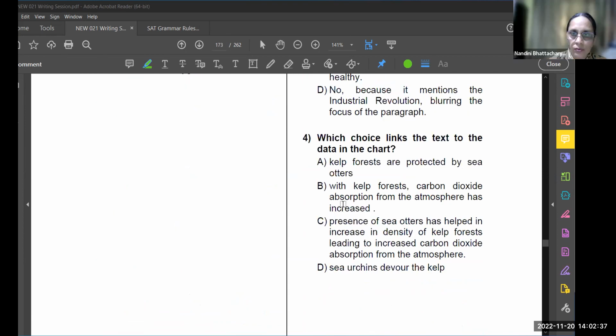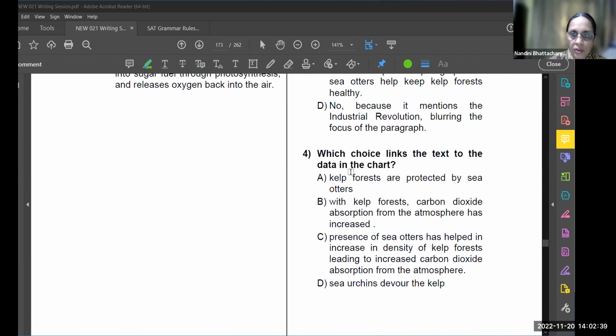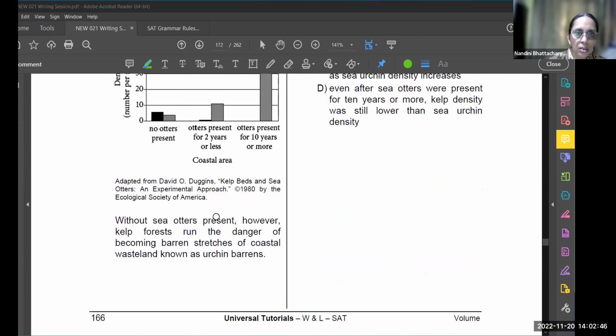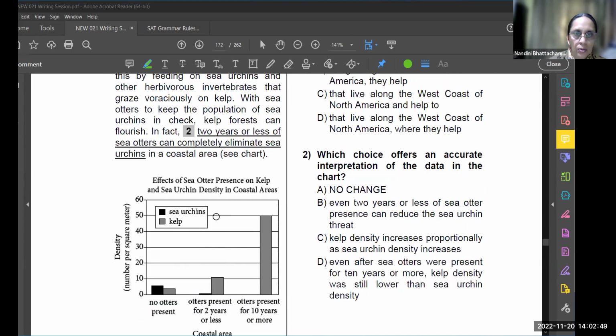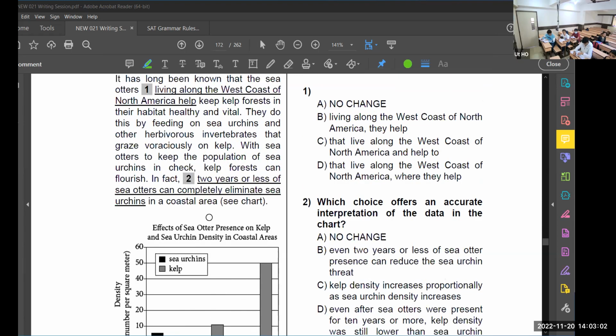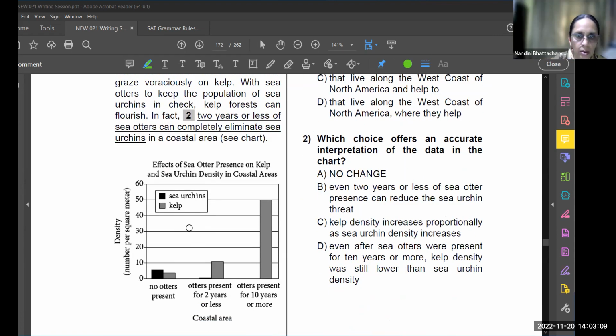Now question number 4. It says which choice links the text to the data in the chart? So I think the chart is right here. Now the passage is about the population of sea urchins and how the coming in of the otters has eliminated sea urchins.